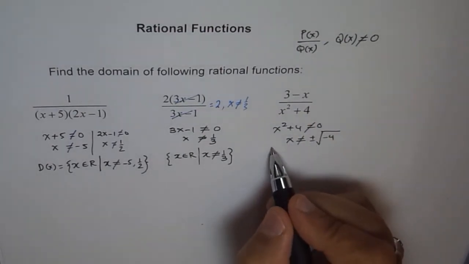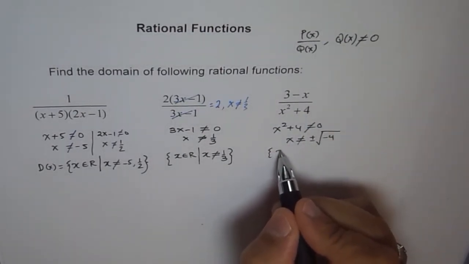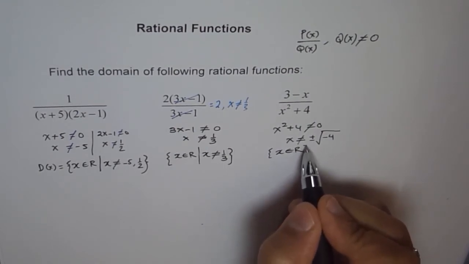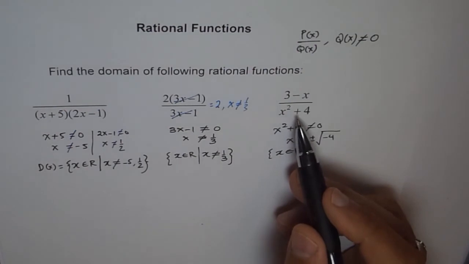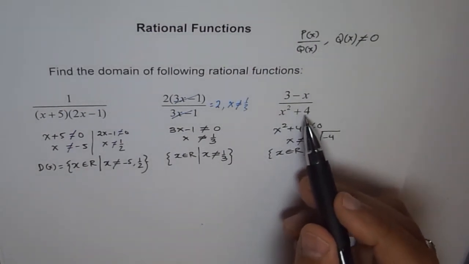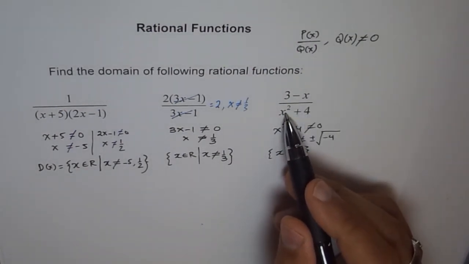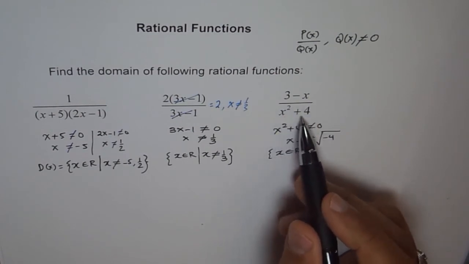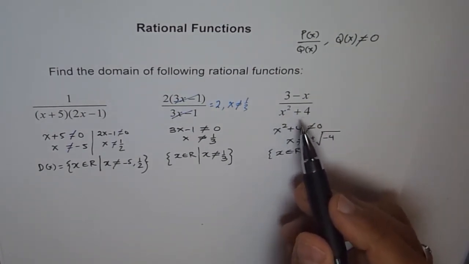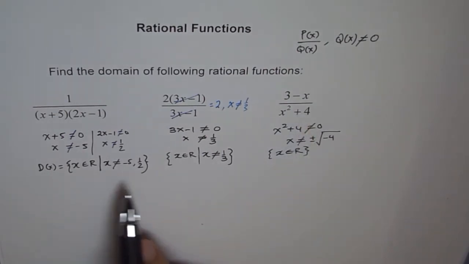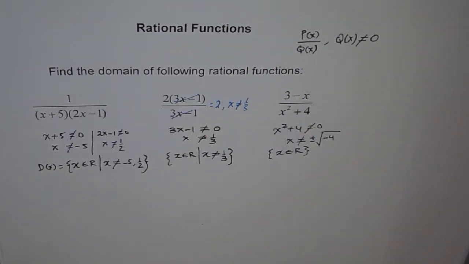Therefore the function's domain is x belongs to real numbers. The denominator cannot be 0 because x squared is always positive, and positive plus positive gives you positive. So there won't be any restriction. These are our domains for the given functions.